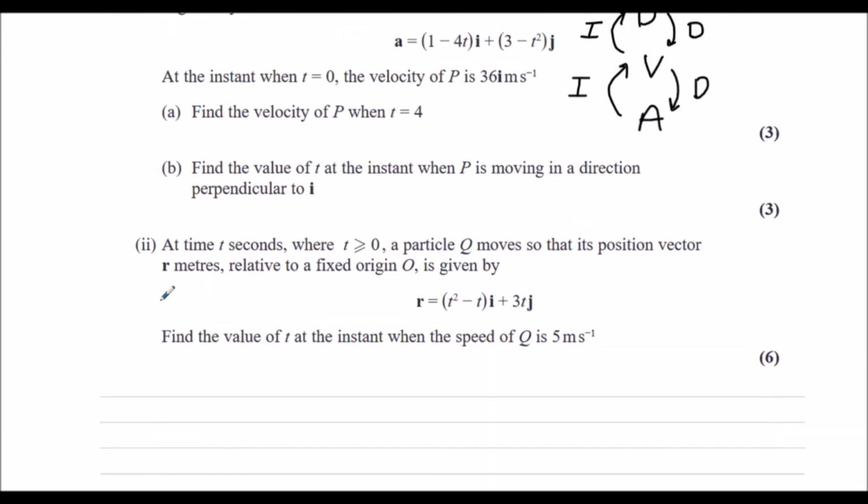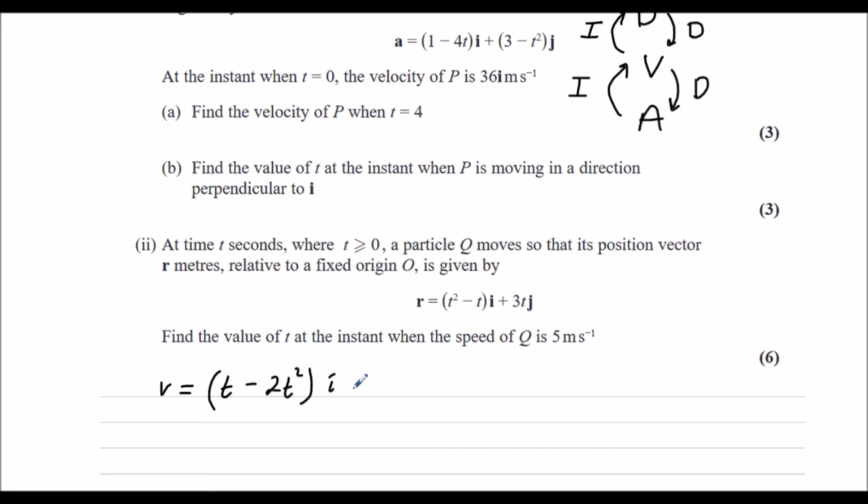So the velocity is, for each of these, we're going to add 1 to the power and then divide by the new power. So for 1, it's going to become t. Minus 4t, add 1 to the power, will become t squared, divide by the new power, 4 over 2 is 2, so minus 2t squared.